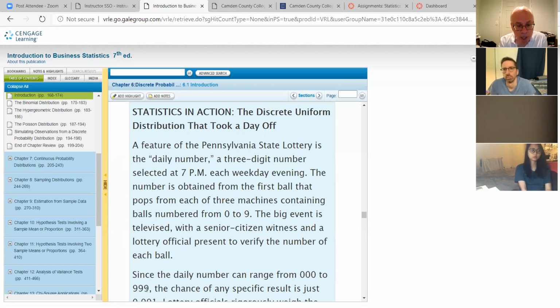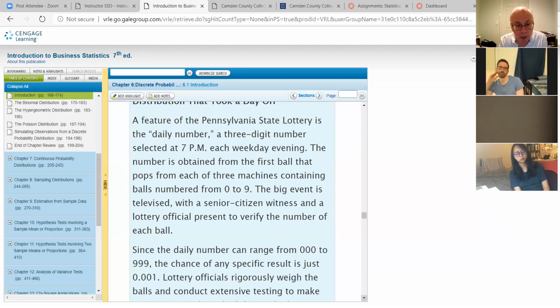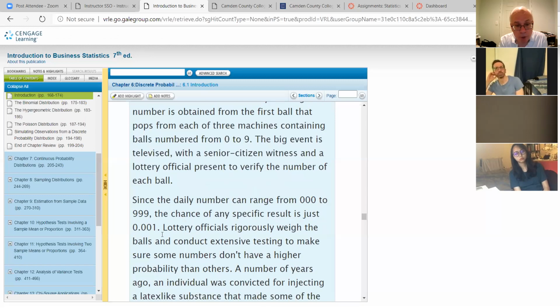And the same thing with the 999. There are 1,000 of these combinations, from 000 to 999, 1,000 possible numbers. So it makes sense. It's 1 out of 1,000. We can express that as 0.001.